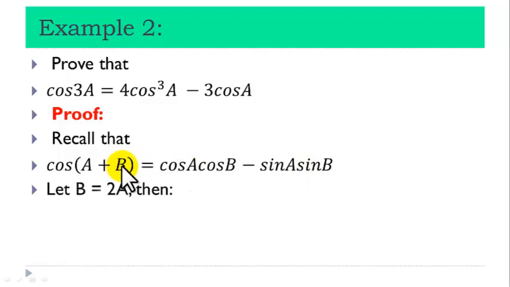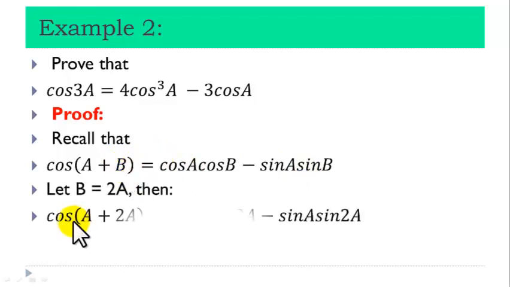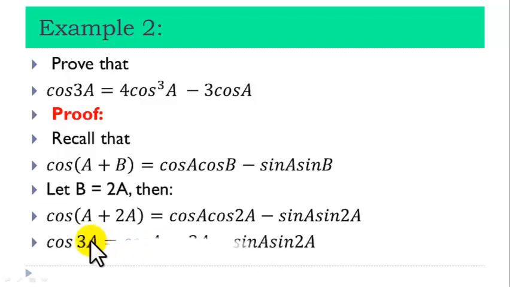Let us put b equals 2a. Then this identity will become cos(a plus 2a) is equal to cos a cos 2a minus sin a sin 2a. That is, cos 3a is equal to cos a cos 2a minus sin a sin 2a.